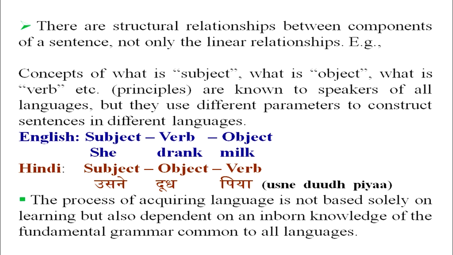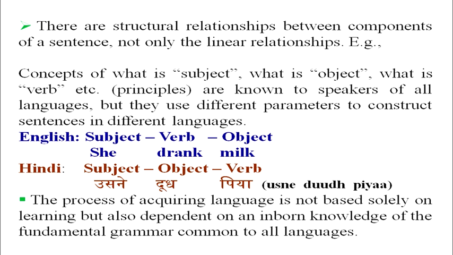In Hindi, the concepts are the same, subject, object, verb, but we arrange our values, the parameters, differently. So, we say usne doodh piya. That means she drank milk, she or he. If it were Tamil, then Tamil, Bangla, Assamese, Manipuri, they all arrange their subject, verb, object in the same manner as Hindi.